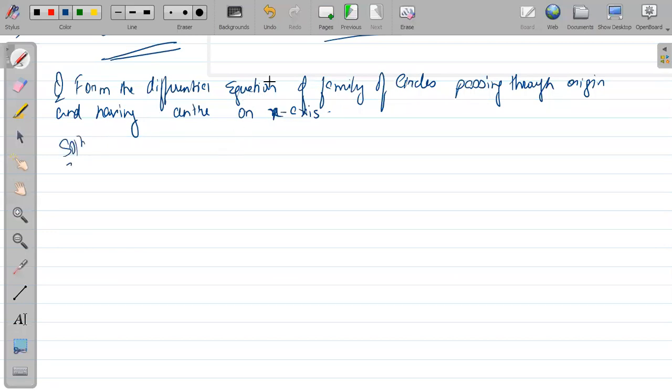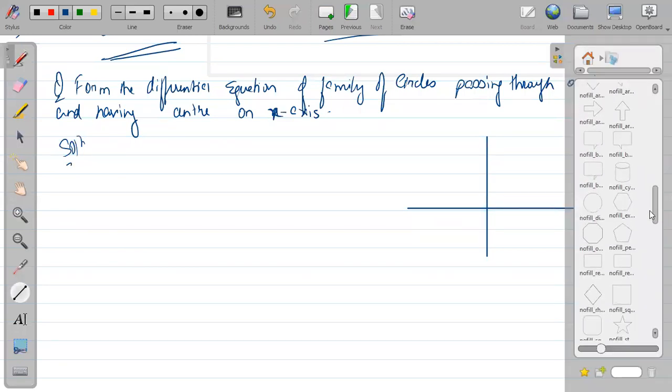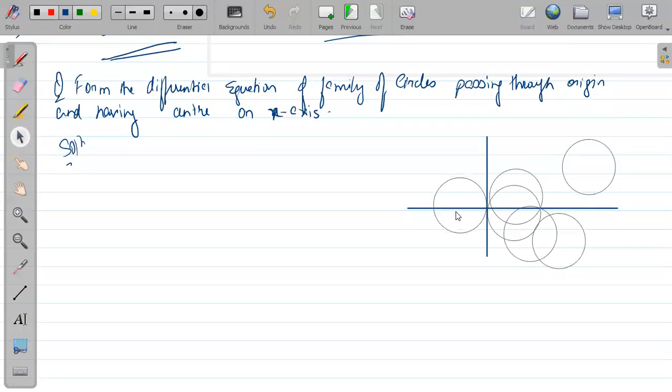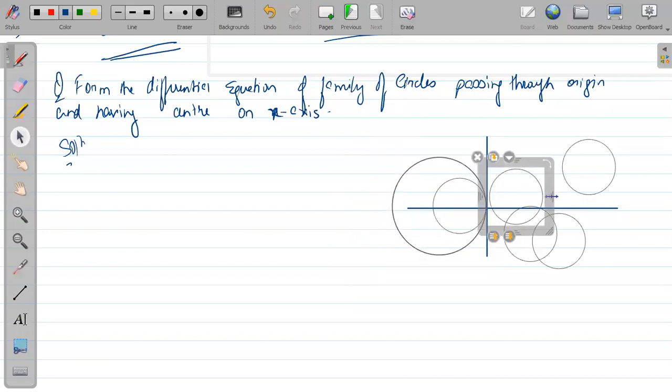What will happen? Curves should be passing through origin and having center on x-axis. Very simple. If you think like this, what is it? The curve should be passing through origin, and their center should be lying on the x-axis.